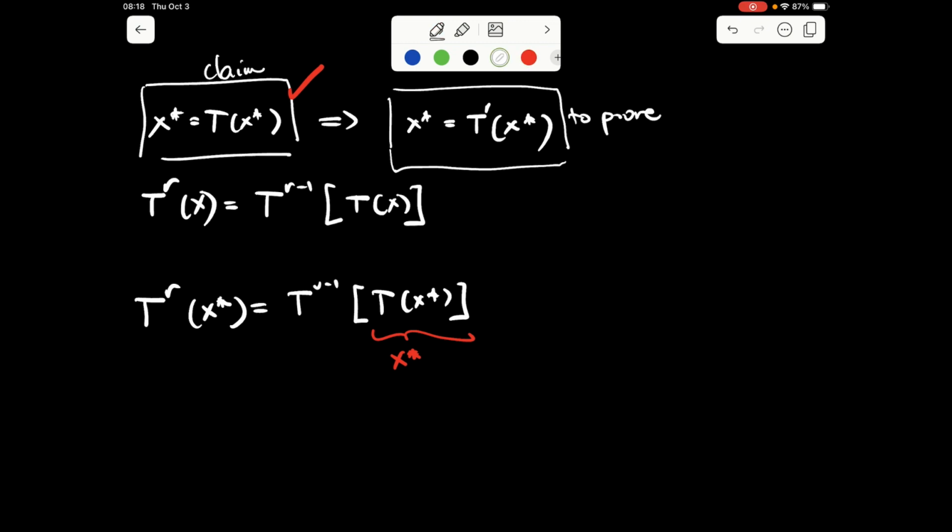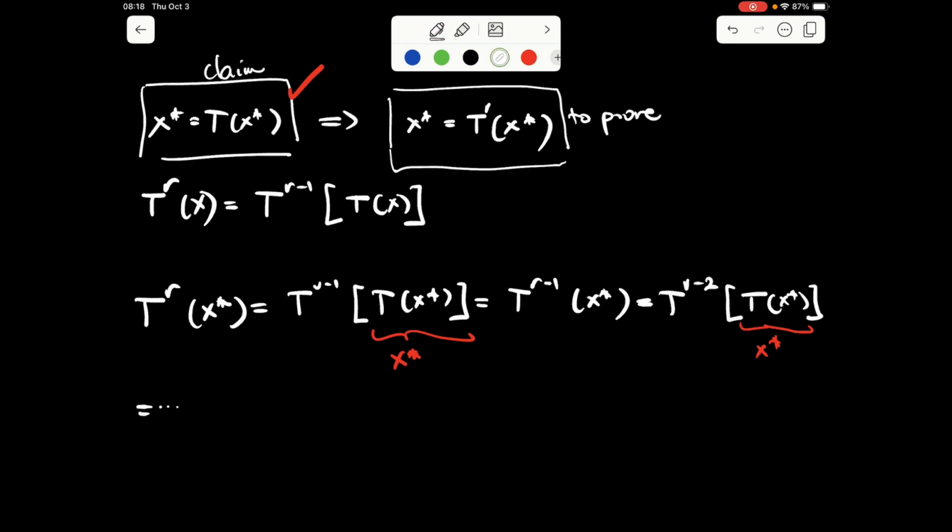X asterisk is the fixed point of the operator. So we can take a step, and in the next step, we decompose again, and this is the fixed point again.